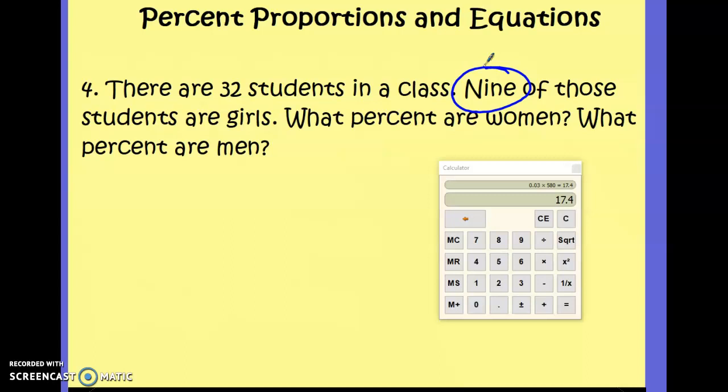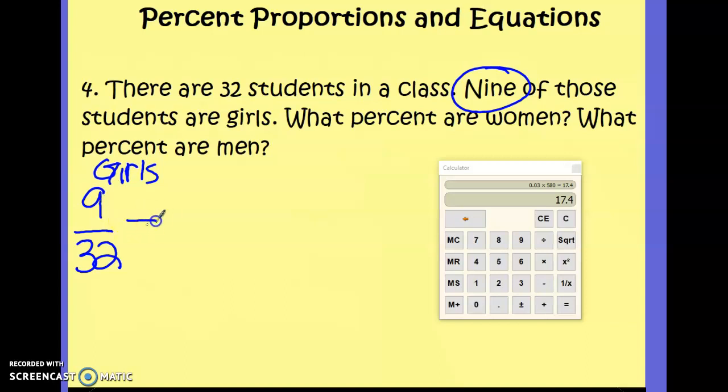Using the information from the proportion, when we're solving to find a percentage, we are going to divide. We're finding girls first, and we have 9 out of a total of 32, so we divide 9 by 32. When we do that, we get a decimal, and once we have our decimal, we then have to move it over 2 places so that we can get our percentage.